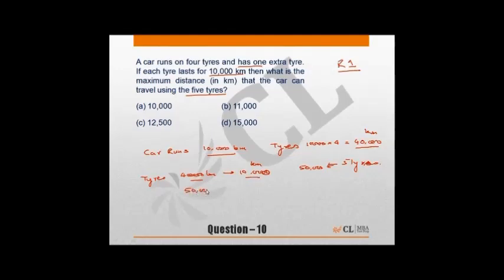Tires do 50,000, car will do 1/4 of that, which is 12,500. Choice C. Very straightforward. For 40,000 kilometer cumulative distance of tires, the car has done only 10,000 kilometers. So if the cumulative distance covered by the tires is 50,000, the car should do 1/4 of that, 12,500 kilometers. Let's move to the next question.